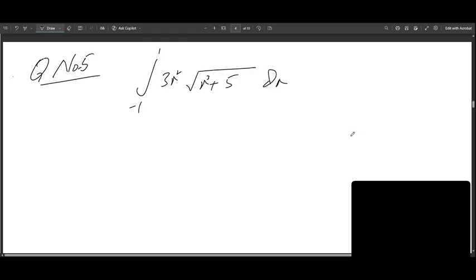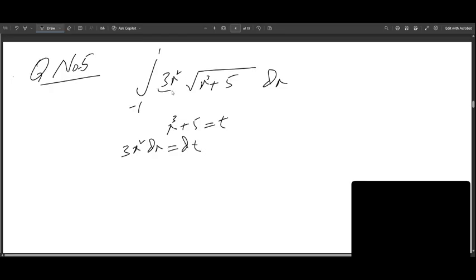In this question, folks, you can see we have something in the square root, which is x cubed plus 5. So if we substitute x cubed plus 5 equals t, and if we differentiate both sides, it will turn into 3x squared dx equals dt.